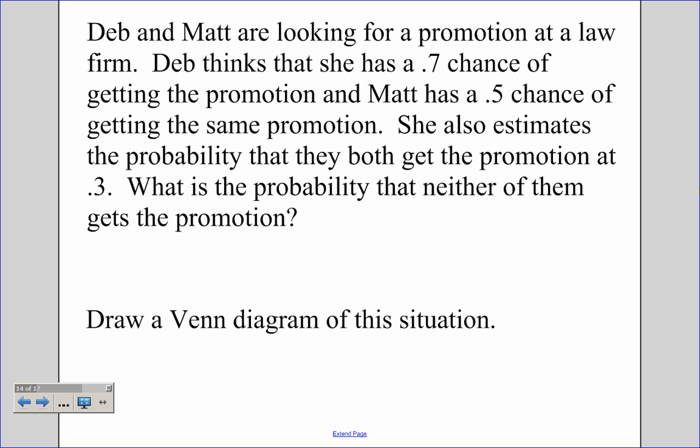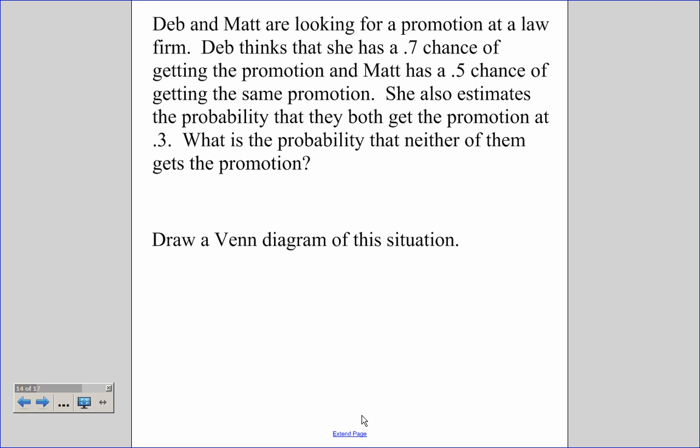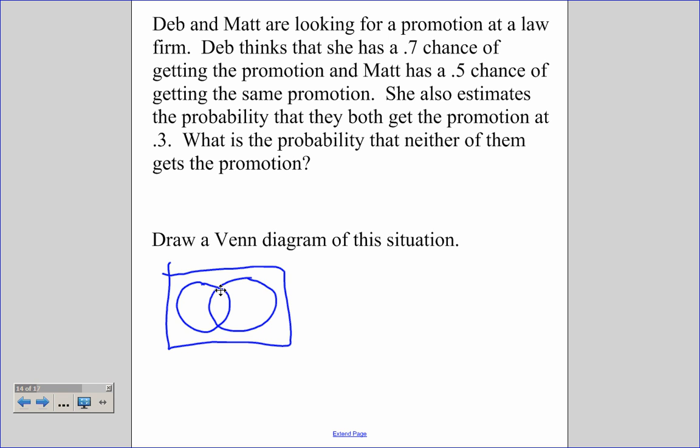Well, first let's look at the probabilities using a Venn diagram. So in my Venn diagram here, the probability that they both get a promotion is 0.3, so that goes in the middle. Now say if this is Deb and this is Matt, Deb's whole circle adds up to 0.7. So the probability that she gets a promotion and Matt doesn't is going to be 0.4, because that whole thing has to add up to 0.7.